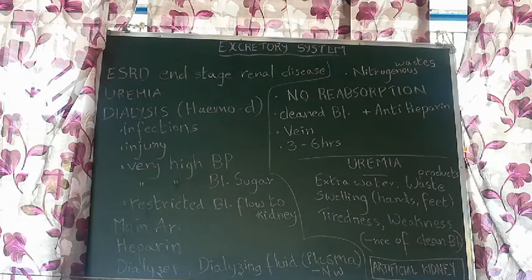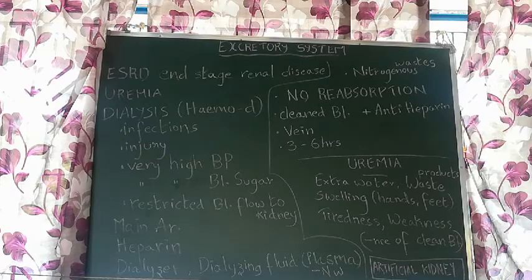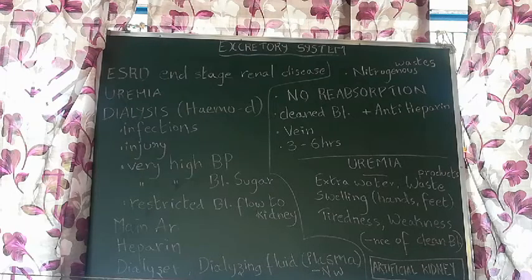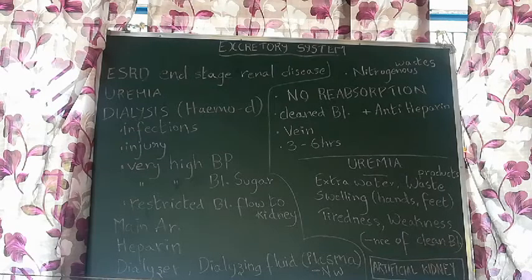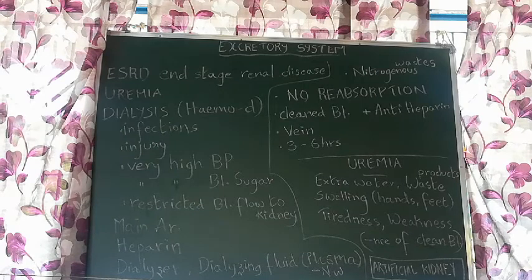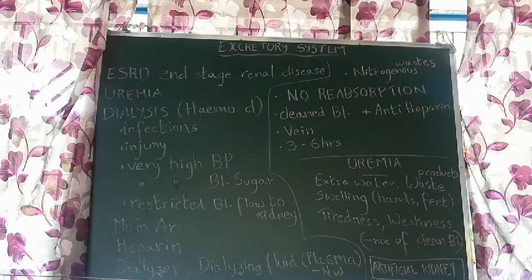There are many tubes arranged. These tubes have a fluid called dialyzing fluid. This fluid does the dialysis process, so it is called dialyzing fluid. So what is the composition of the dialyzing fluid? It is nothing but plasma without any nitrogenous wastes.